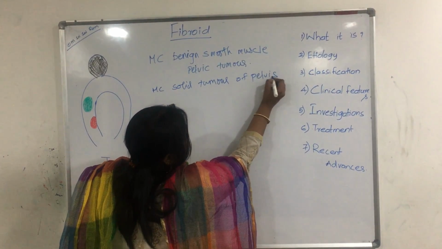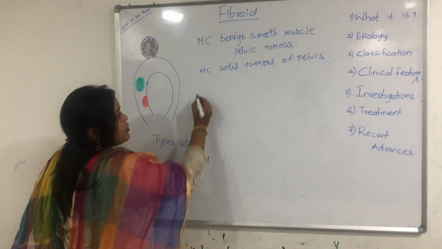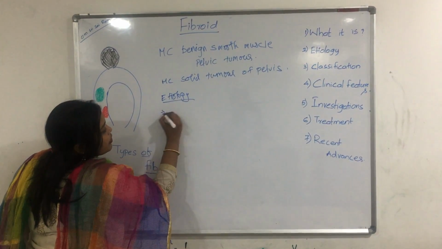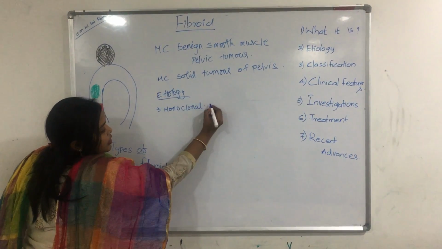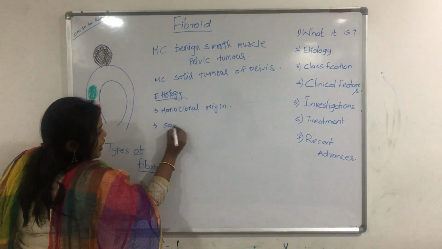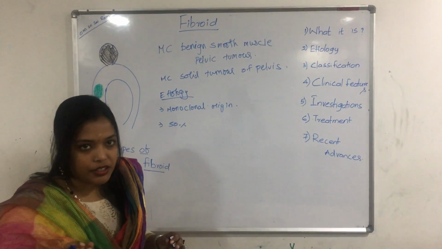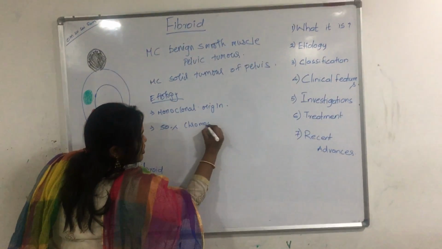So what are the etiological features of it? This tumor is monoclonal in origin, and 50% of the time it is because of chromosomal translocations.